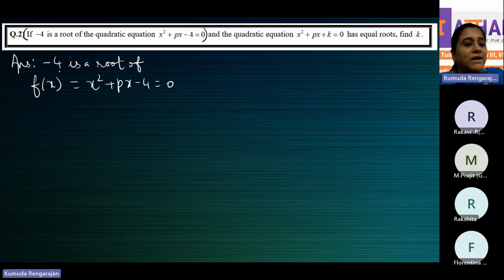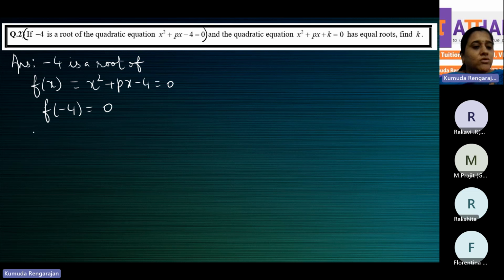If minus 4 is a root, then f of minus 4 will be 0, correct? You remember that? That means f of minus 4 is 0.